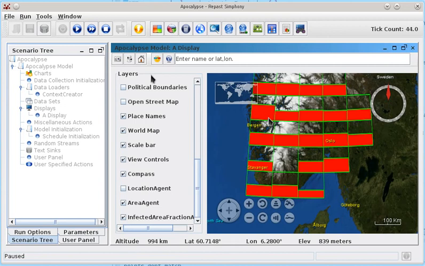Then we could see how the disease spread. It will show us some kind of waves originating from a source.